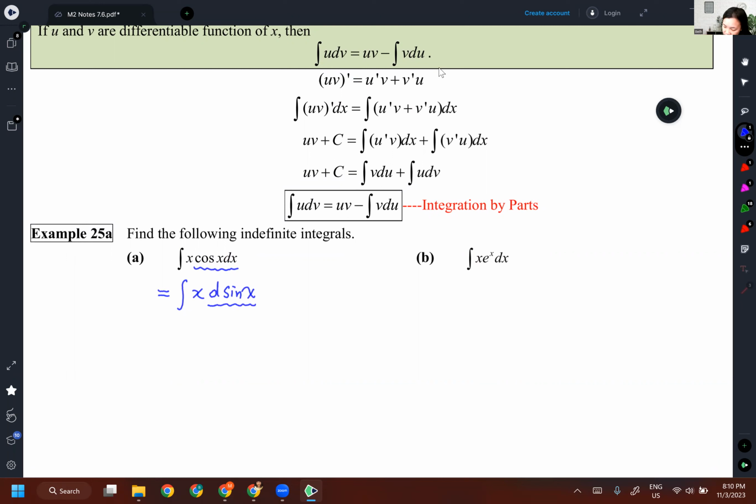According to the formula, it's equal to u times v, minus the integral of v du. So I'm swapping these two functions.